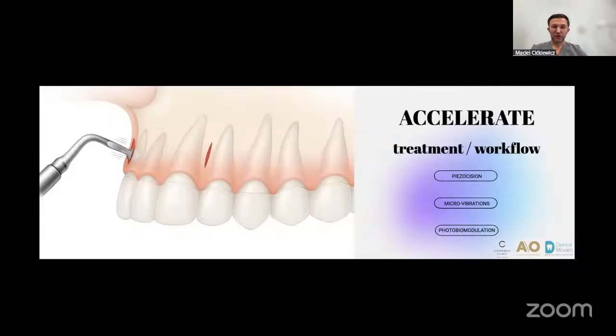And maybe you know or not that people think about acceleration, that if you want to accelerate the treatment, you have to do the precision or the micro vibration, and you think that is the idea of accelerants or photobiomodulation. So the element that you use lights on the teeth, but sometimes it's not working in that way.